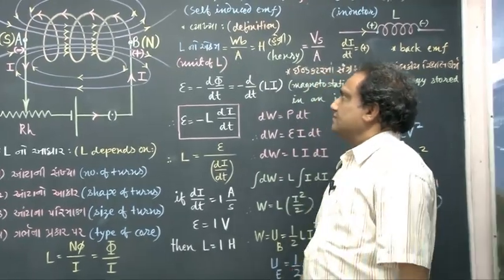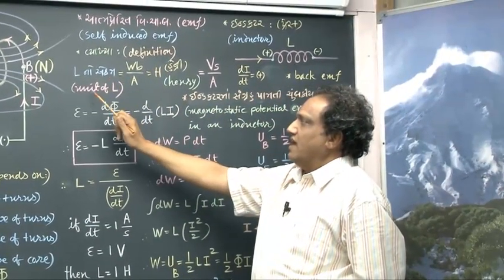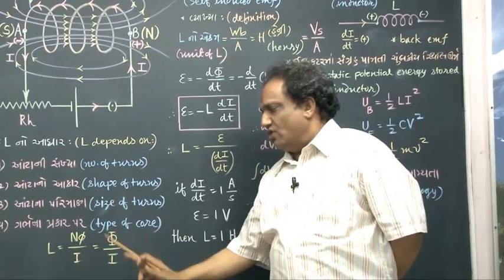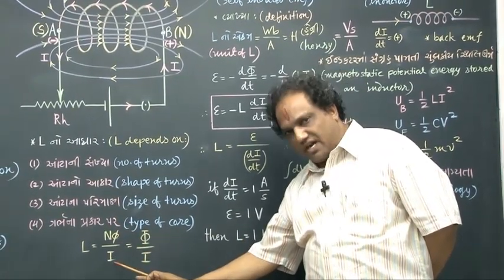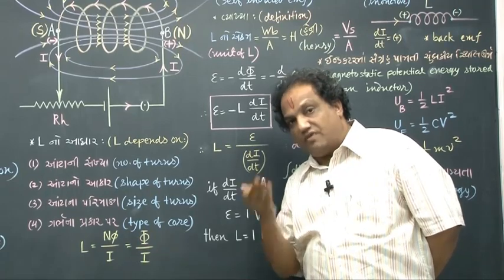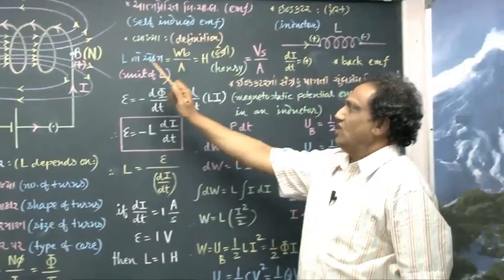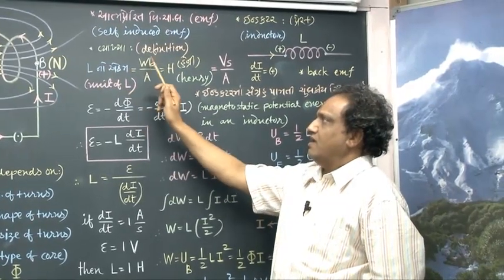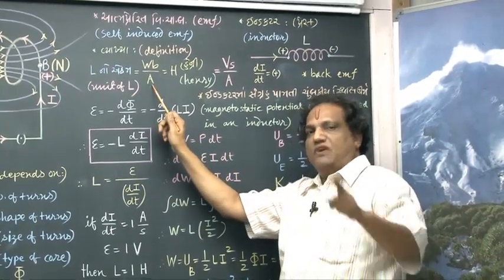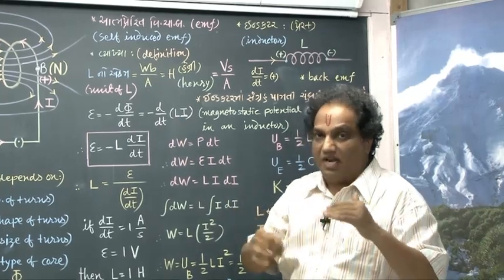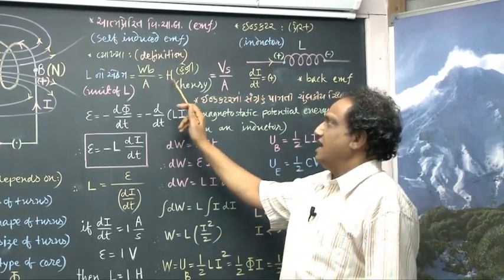Fine. What about the unit of L? Unit of L from here will be unit of magnetic flux upon unit of current. What is the unit of magnetic flux? Weber. What is the unit of current? Ampere. So now the unit of L will be Weber upon ampere. But Weber upon ampere in the SI unit system is renamed Henry.